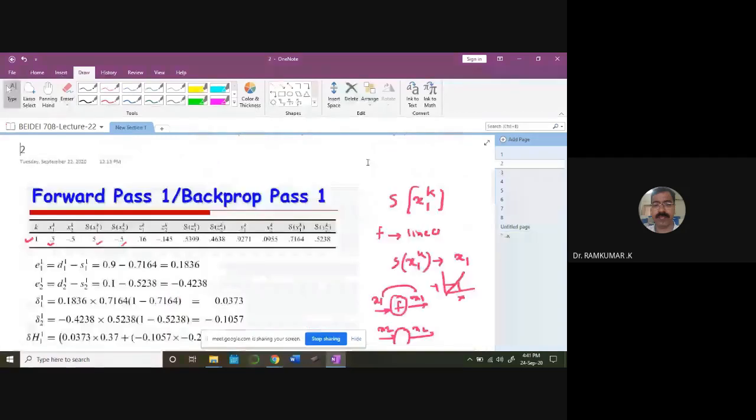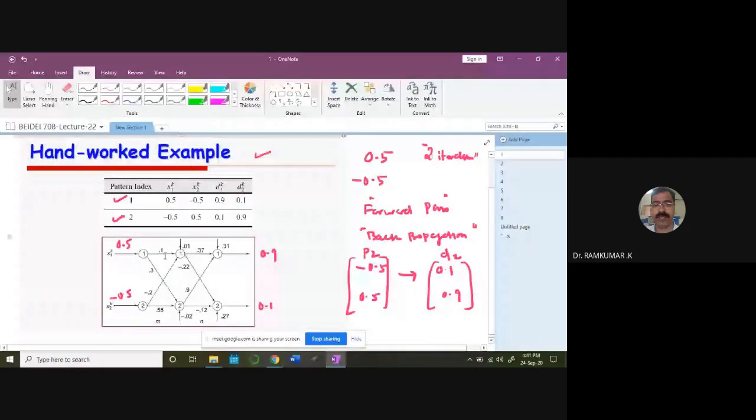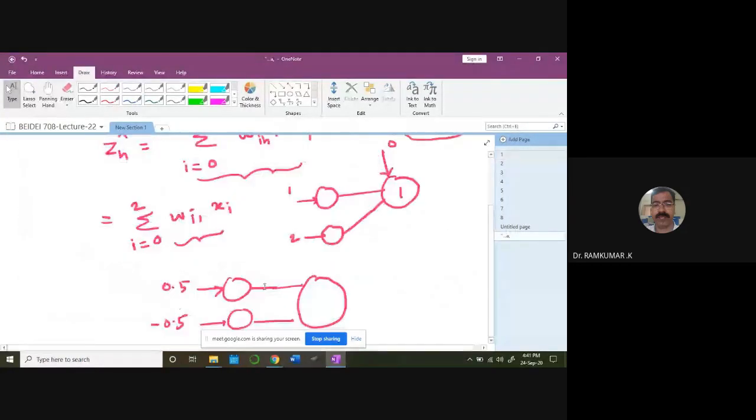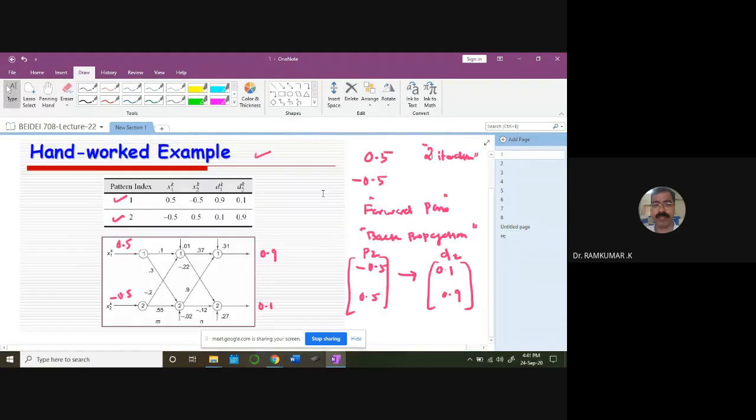First weight will be 0.1, second one is minus 0.1. And this one is the bias weight. The bias weight is going to be minus 0.01. Okay, that's the bias weight.